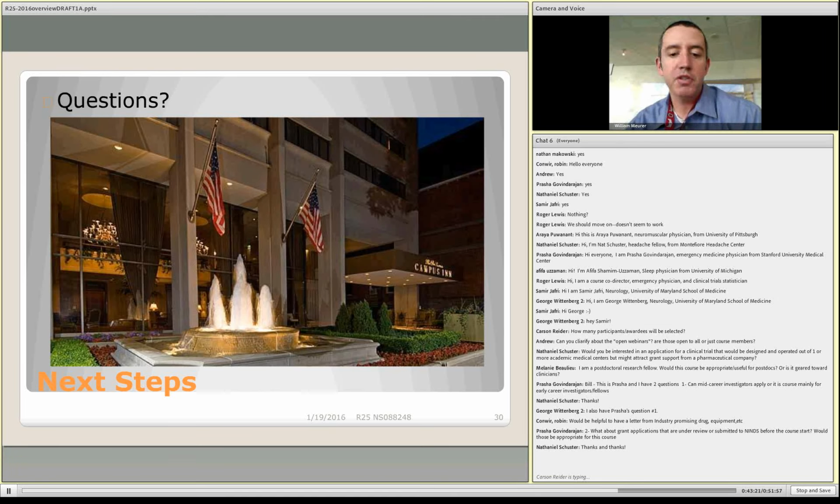So again, Prasha, in terms of applications that are under review or submitted to NINDS before the course starts, if it is for a clinical trial, it puts you in a little bit of a pickle because you're designing something in this course. If you get a good score, then the additional design probably wouldn't be helpful. But in certain situations, you just don't know what that score is going to be.